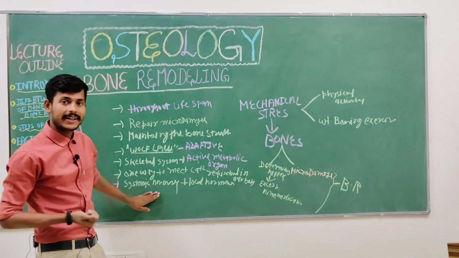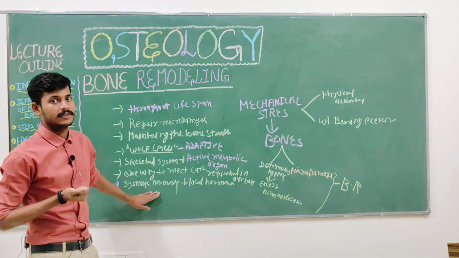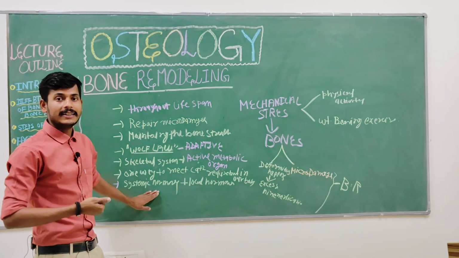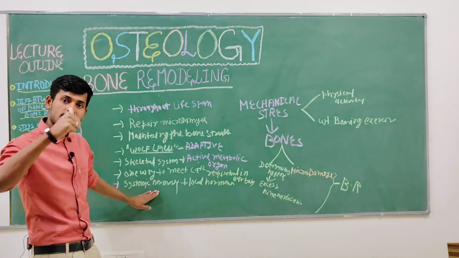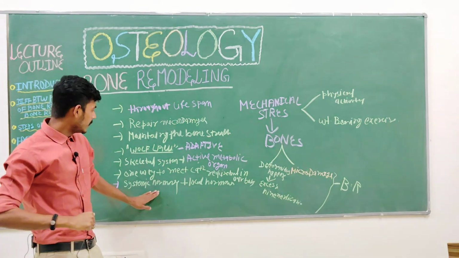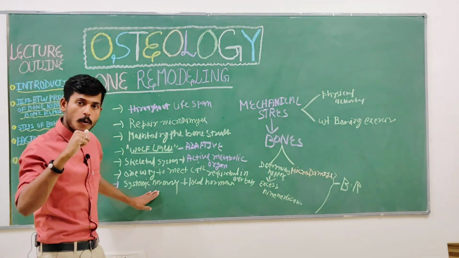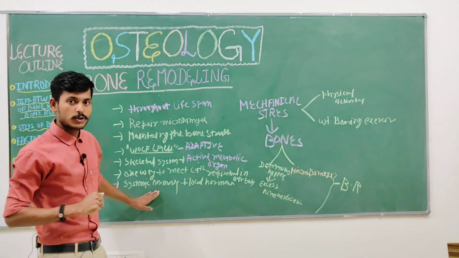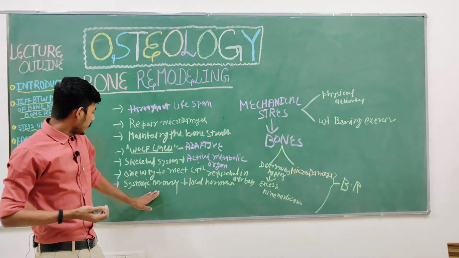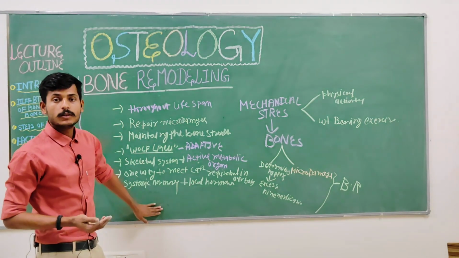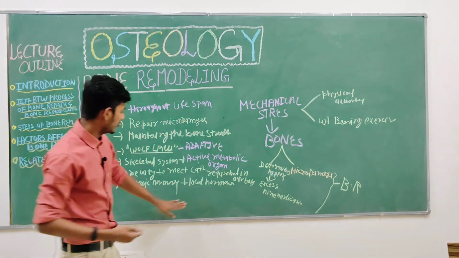Systemic hormones means, for example, it can be affected by estrogen. That's why postmenopausal women have one common problem called osteoporosis, and it is due to a defect in their bone remodeling. We will see later in a few minutes.